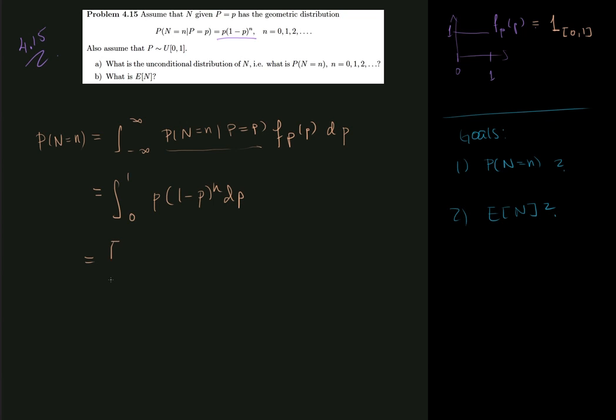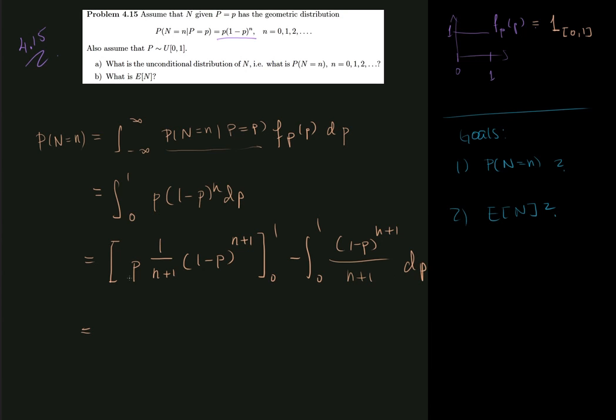So we look at integration by parts, which then gives us this thing here. You guys are so well versed in integration by parts now that I don't think I need to explain too much of what's going on. We keep the p and we find the antiderivative of 1 minus p to the n, and we subtract the integral from 0 to 1, where we differentiate the p, so that just disappears, and then we integrate the antiderivative of 1 minus p to the n, and that antiderivative is given as such.